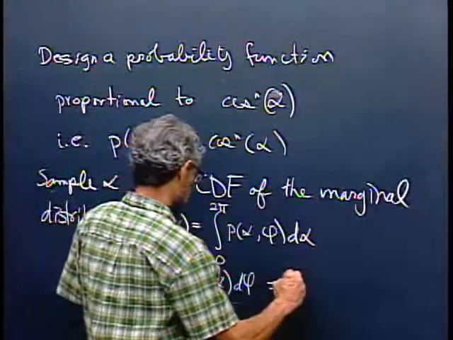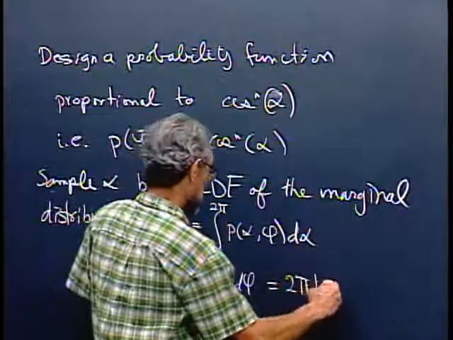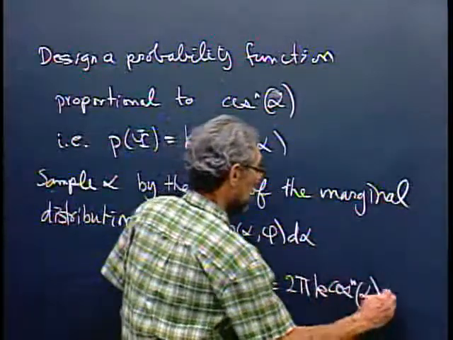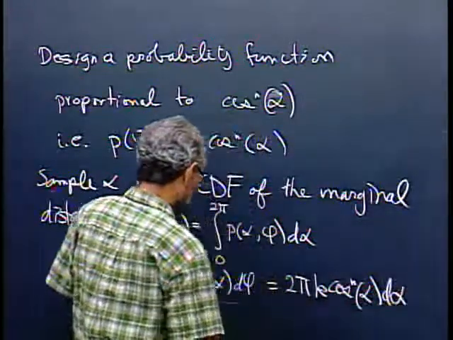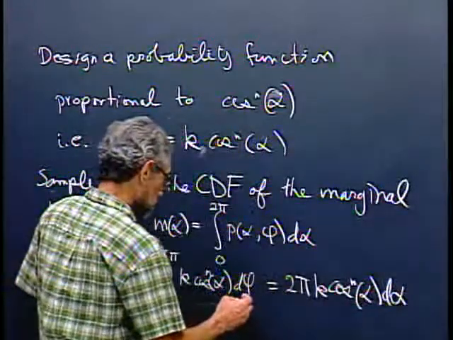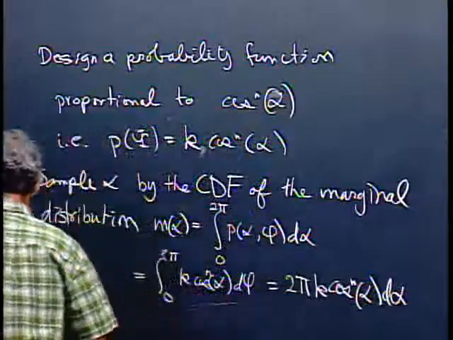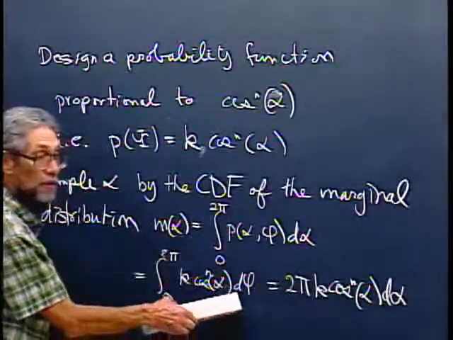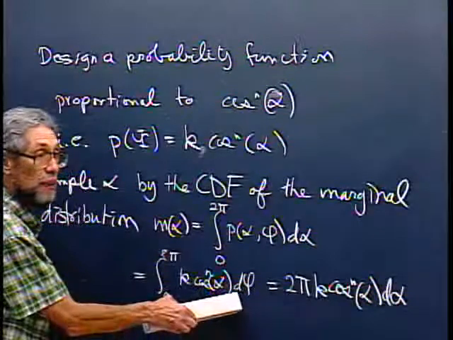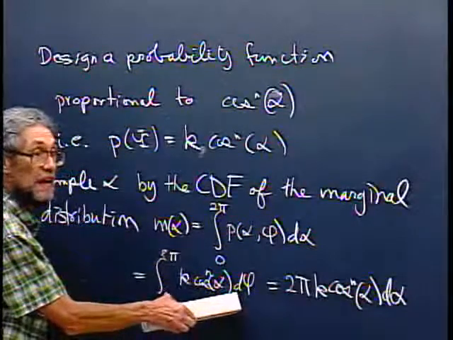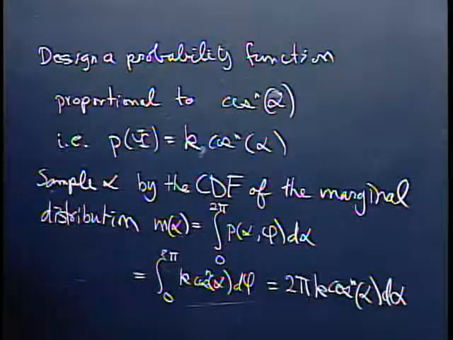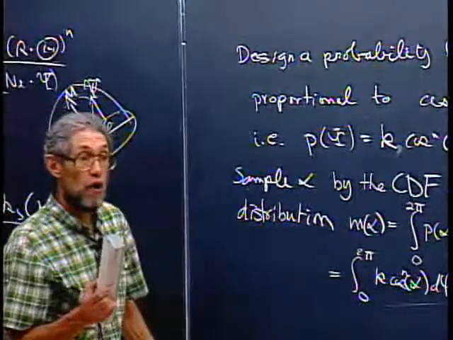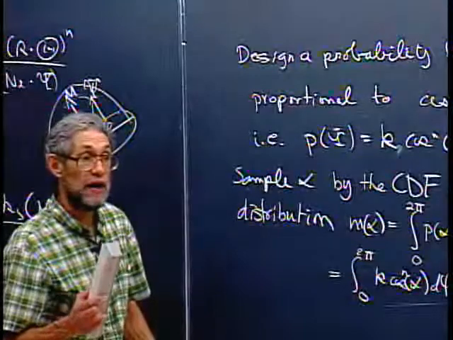So what this is going to be is just 2 pi k cosine to the n alpha d alpha. Actually, this is not exactly right, is it? Because I forgot my sine alpha term. Because my probability density, instead of being measured per unit area on the sphere, I'm thinking of measuring per phi and alpha.